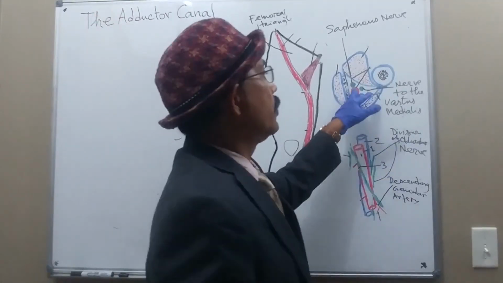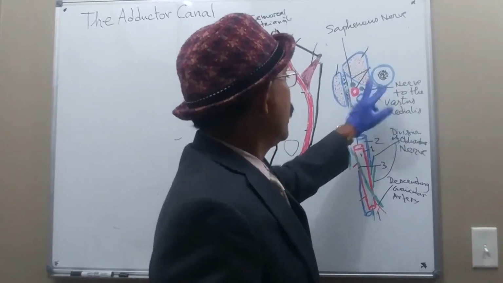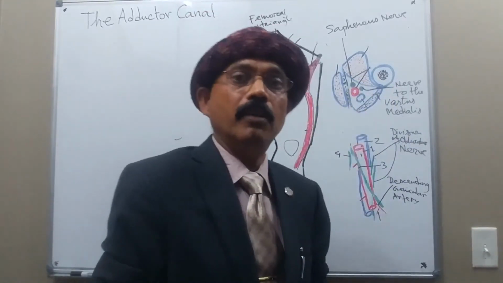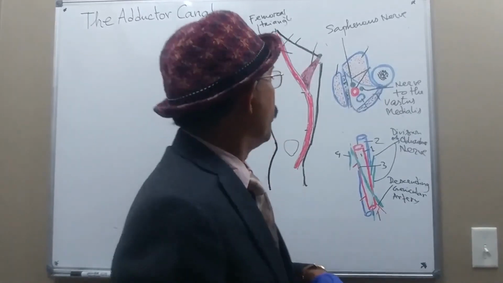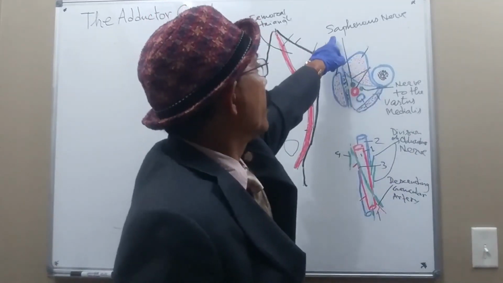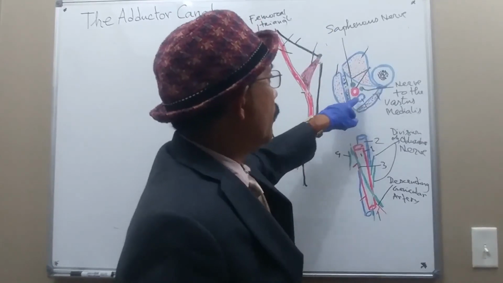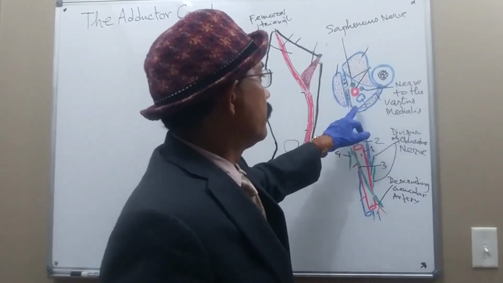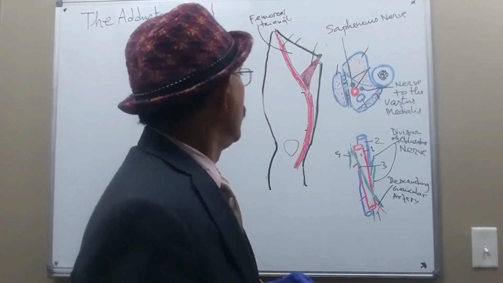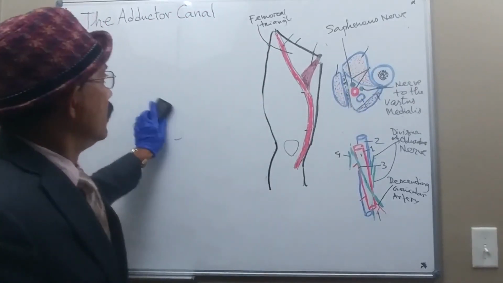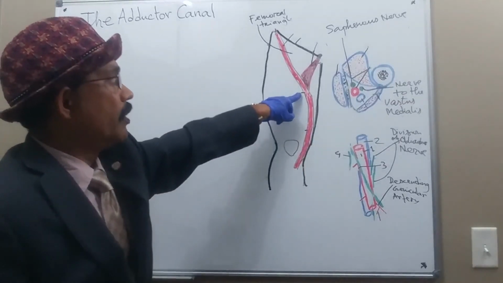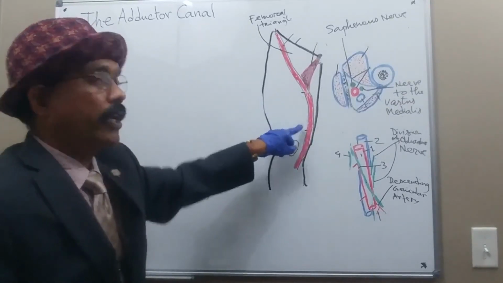Okay, we got that. Now we'll summarize a few facts. These are the contents of the adductor canal: femoral artery, femoral vein, but not the femoral nerve. But the branches of the femoral nerve, the saphenous nerve and the nerve to the vastus medialis, are contents of the adductor canal. Its extension is from the apex of the femoral triangle to the adductor hiatus.